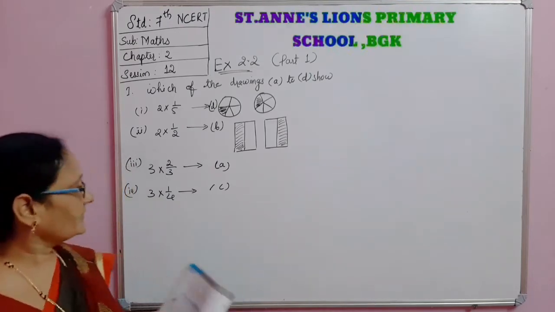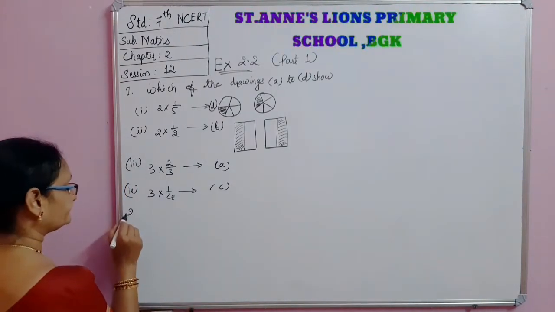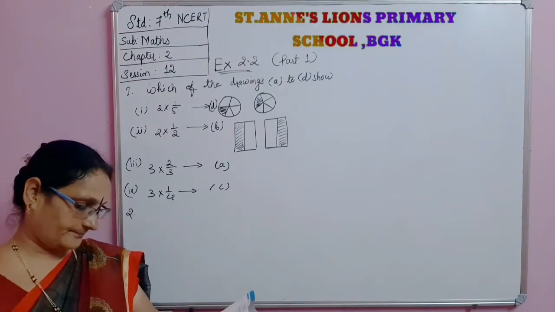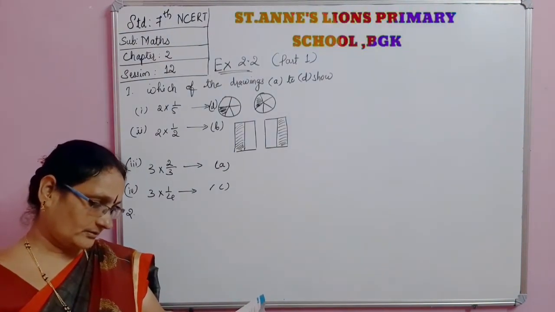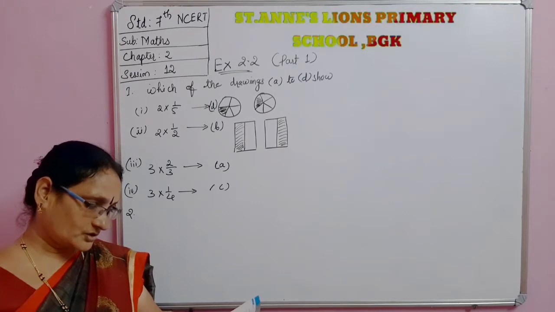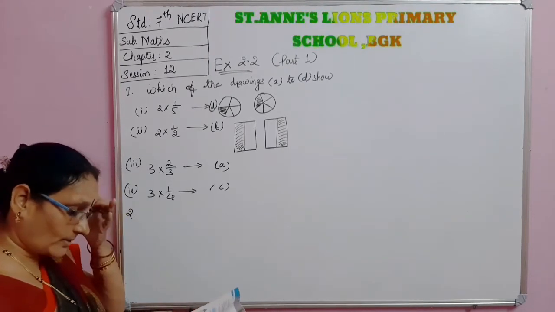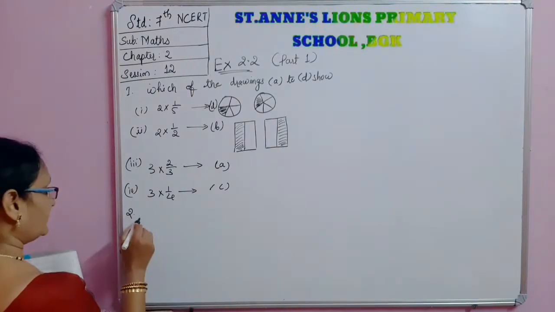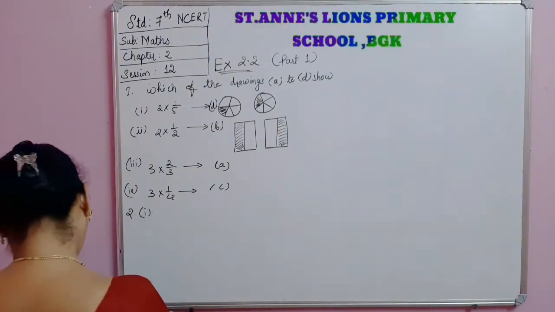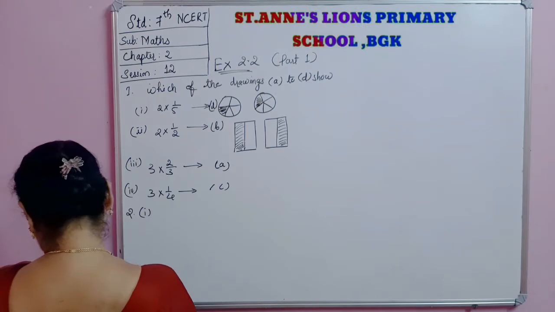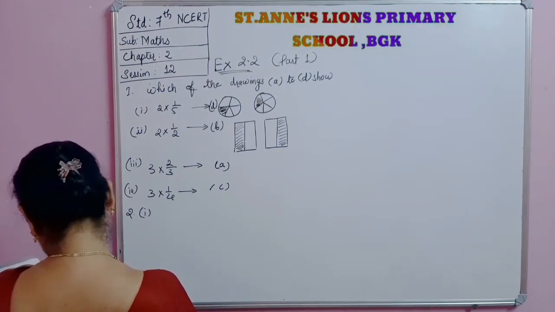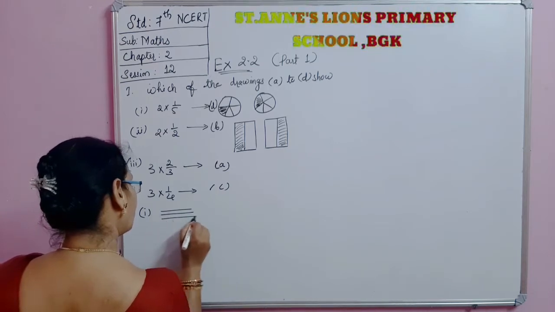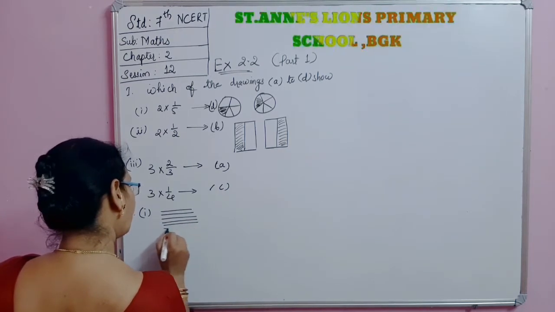Okay. Now the second main. Some pictures A to C are given below. Tell which of them show 3 into 1 by 5 is equal to 3 by 5. First one. 1 by 5. Which is 1 by 5? See this one. 1, 2, 3, 4, 5.